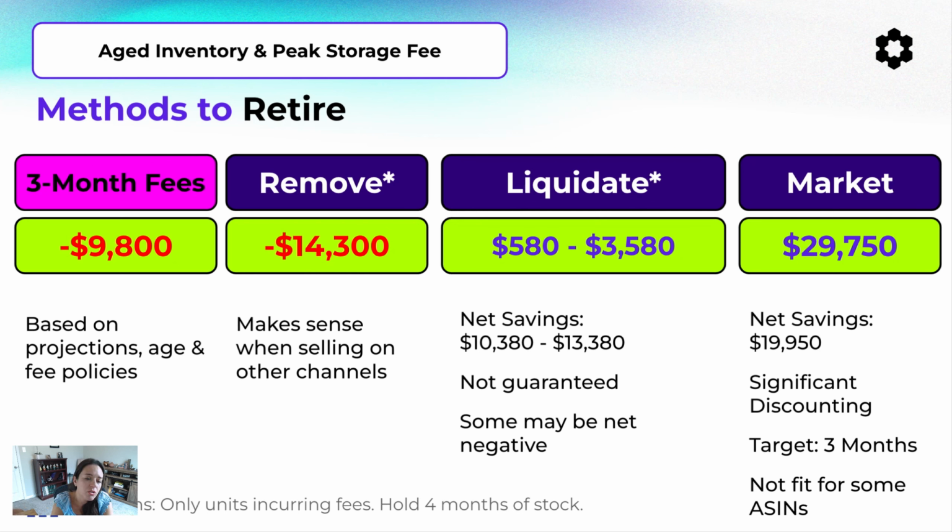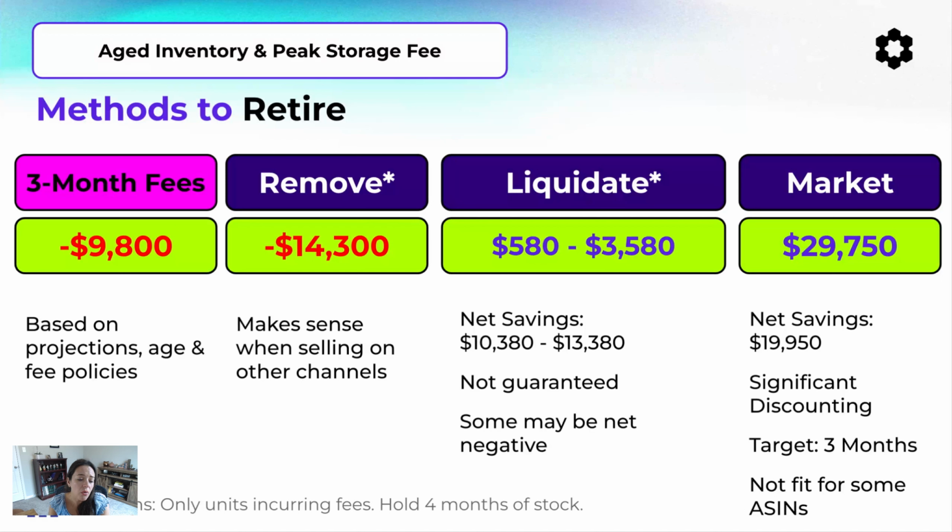And so it's important to know, what am I going to be charged? And then, does it even make sense to remove it? It only makes sense generally to remove it if you're going to sell it on another sales channel, if you have somewhere to put it, somewhere to send it.